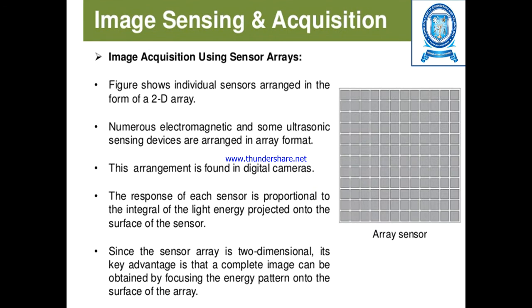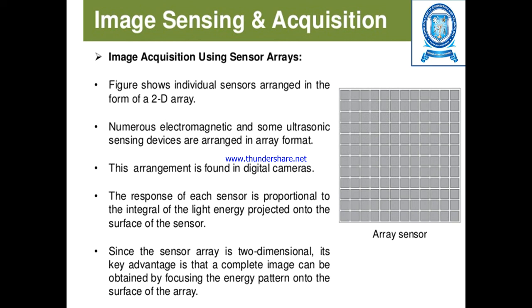Next is image acquisition using sensor arrays. Here we place numerous electromagnetic and ultrasonic sensing devices in an array, like a matrix format. The best example of an array sensor is the digital camera. The sensor response is proportional to the integral of the light received and projected onto the surface.